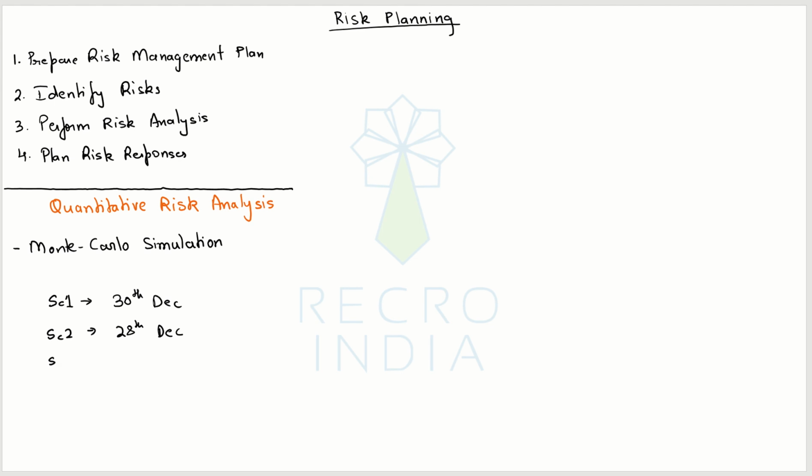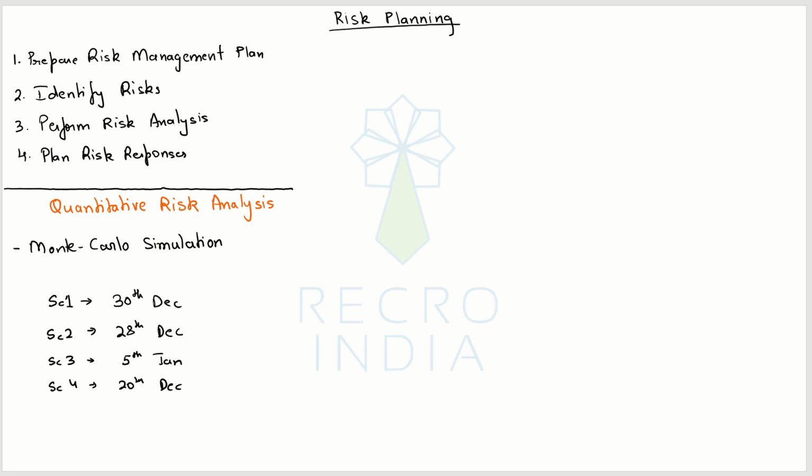Now, this is not literally something we do manually. Generally, there is a simulation tool, and it will keep running these scenarios automatically by randomly changing certain variables that you tell it to. So every time the simulation runs, a different end date is calculated, and it just keeps going on and on.